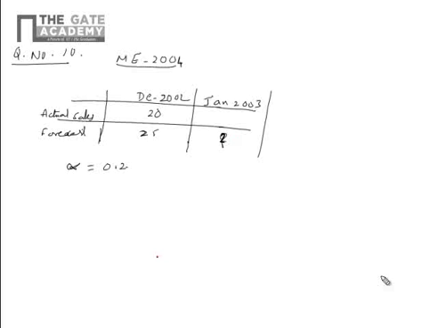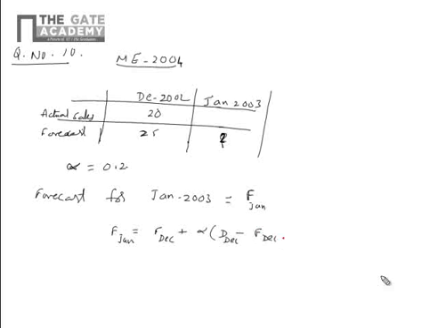So F Jan is equal to F December plus alpha into D December minus F December.